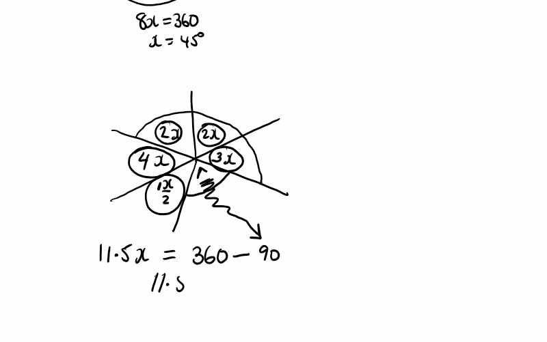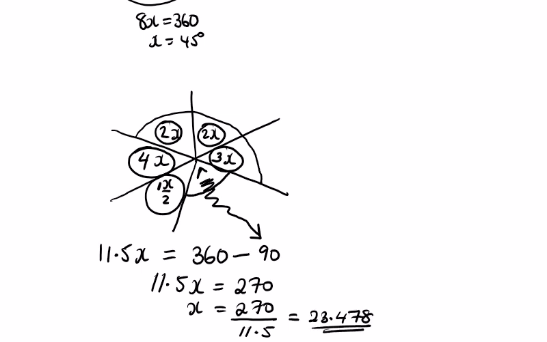So you'd say 11.5x is equal to 270. And just on your calculator, type in 270 divided by 11.5 to get your answer. So 23.478 is the value of x. You could be asked to round off to 2 or 3 decimals or the nearest whole number.